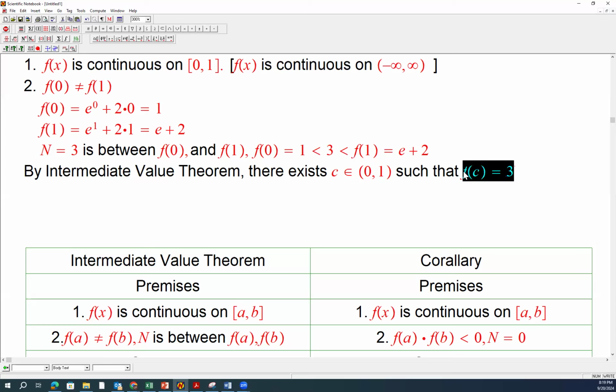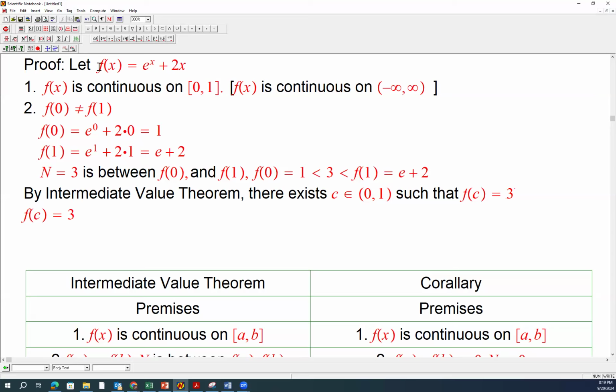So what does it mean, f of c equals 3? Basically, f of x is replaced by f of c, so x is replaced by c, and that equals 3.